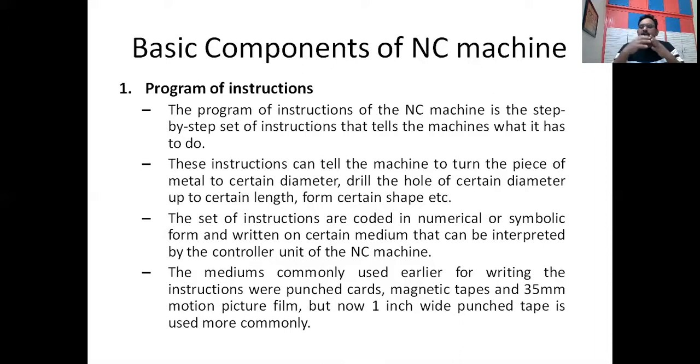For example, in our tape recorder, there is a magnetic tape, and whatever is written in that magnetic tape will be converted into audio. Similarly, punched cards, magnetic tapes, and 35 mm motion films were used earlier, but now 1-inch wide punched tape is used most commonly.